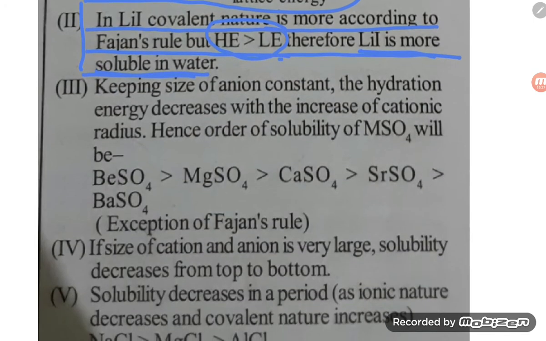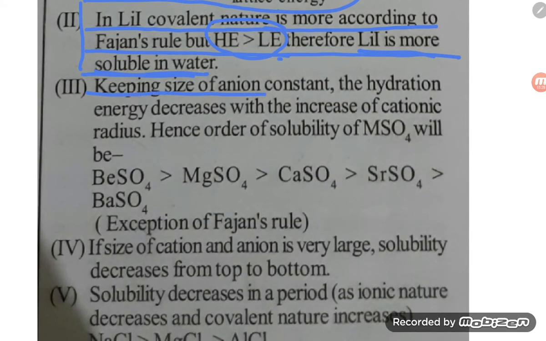Next, point C. Keeping the size of anion constant, the hydration energy decreases with the increase in cationic radius. In group 2, the cation size is increasing and the anion is the same.